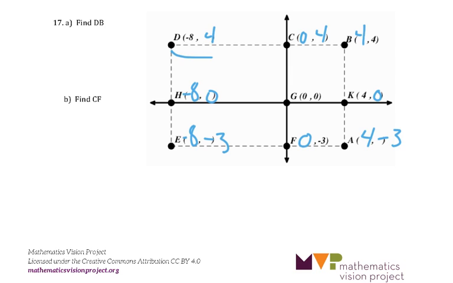So DB, we have negative 8 here, positive 4 here, 8 and 4 give us 12. And CF, we have 4 here and negative 3 here, so 4 and 3 would give us 7. And there we go.